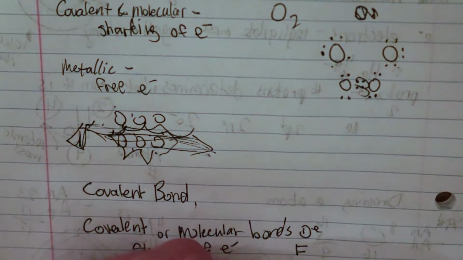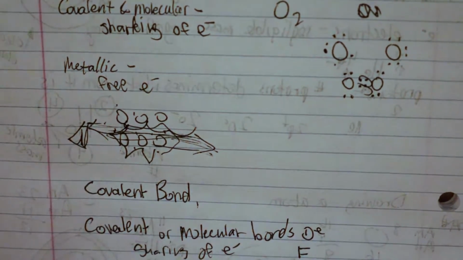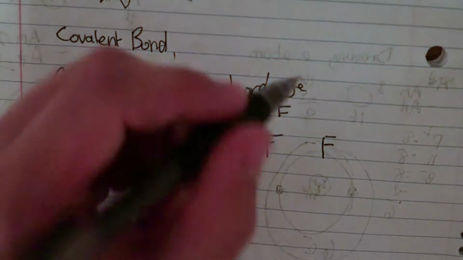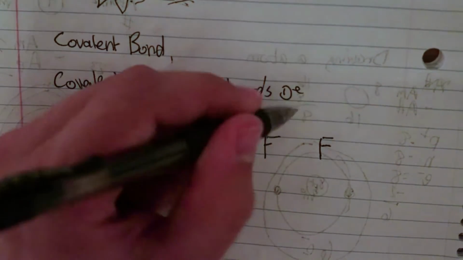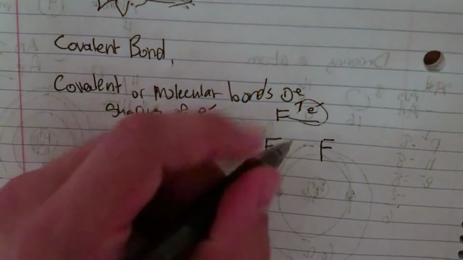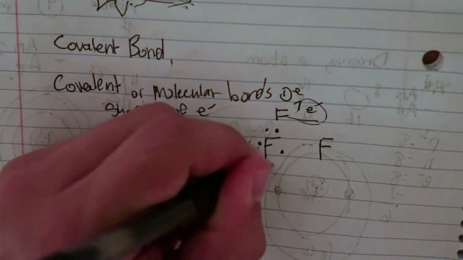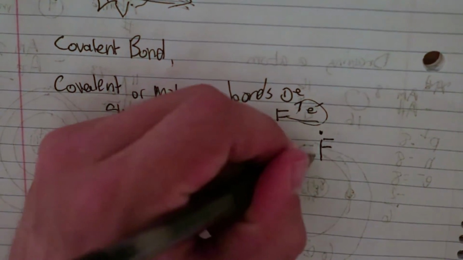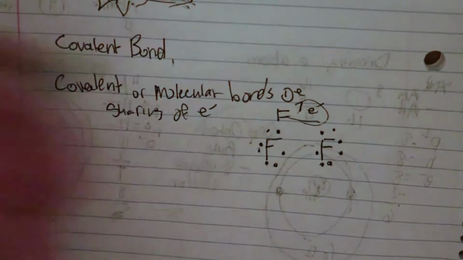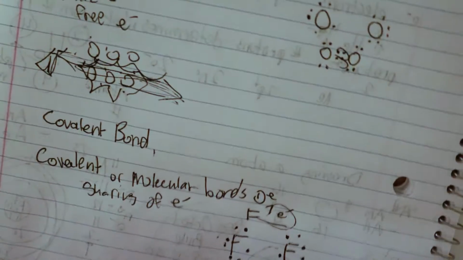So if we have fluorine here, and I'm going to be drawing a Lewis dot structure for them. If you don't know how to draw a Lewis dot structure, go see that video. Each fluorine has 7 electrons in its outer shell. So I'm going to draw 1, 2, 3, 4, 5, 6, 7. And on this one, 1, 2, 3, 4, 5, 6, 7. I drew it that way because these are actually going to come and share.